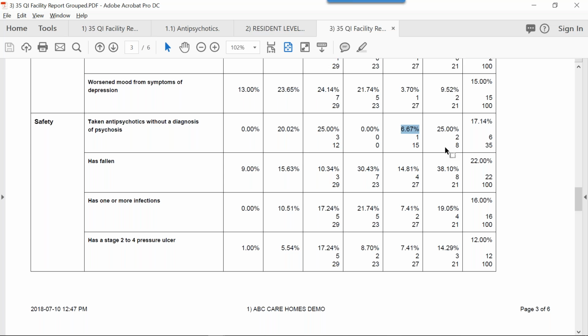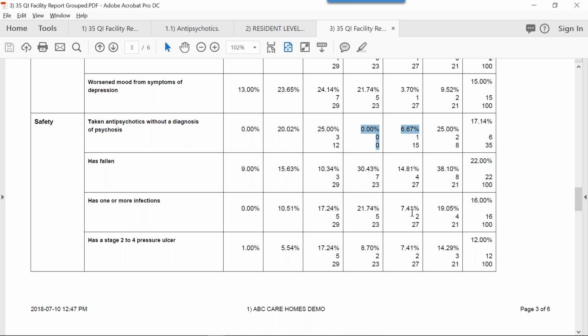So do you see how this kind of report allows me to say, well, there's no sense in me talking to these 2 units or having concerns. It's only these 2 units that I need to address. Look at falls, right? 10%, 30%, 14, 38. These 2 units here are the units of concern. All right, infections.